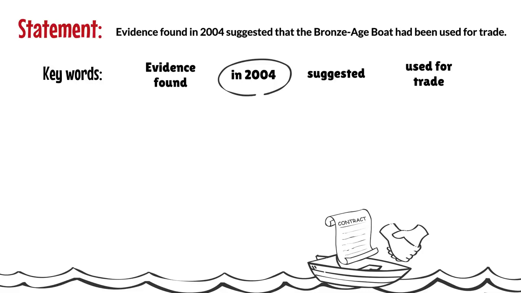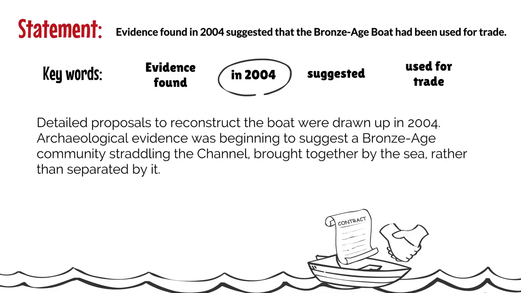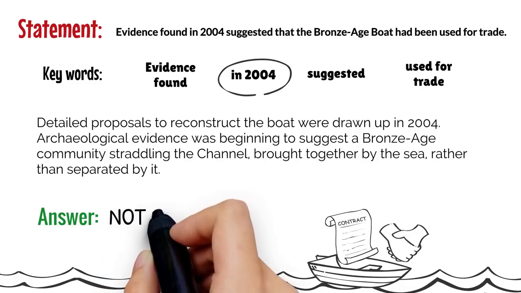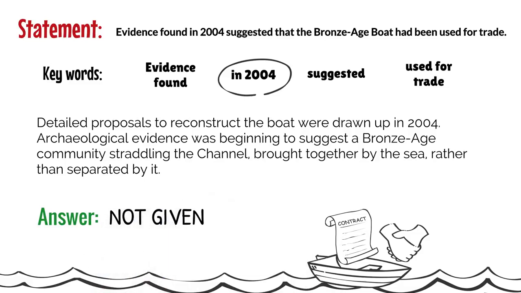So the located information from the paragraph says, detailed proposals to reconstruct the boat were drawn up in 2004. Archaeological evidence was beginning to suggest a Bronze Age community straddling the channel, brought together by the sea, rather than separated by it. So the answer is not given, since there is no information about the boat being used for trade, although trade existed at that time.